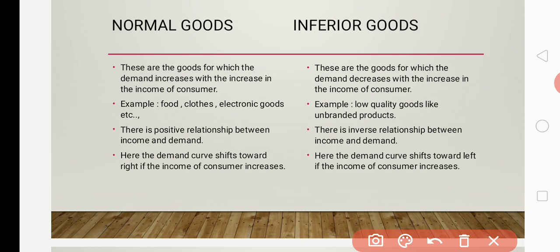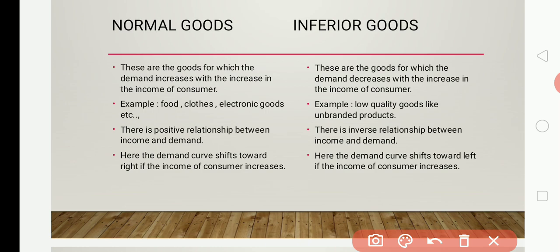So my demand for the commodities also will be less. But when I have more income, for example 50,000 rupees, my demand for food, clothes, electronic goods will increase because I have more income. Such goods are called normal goods.